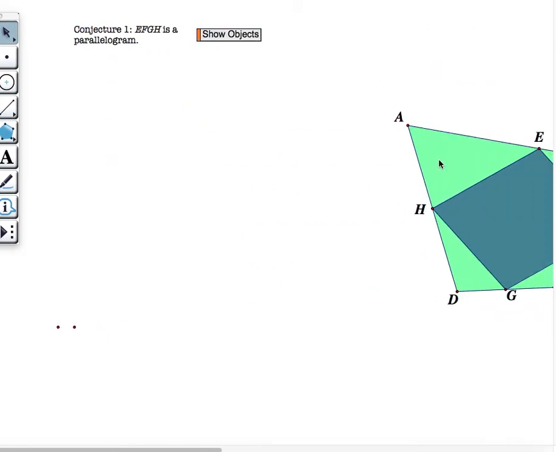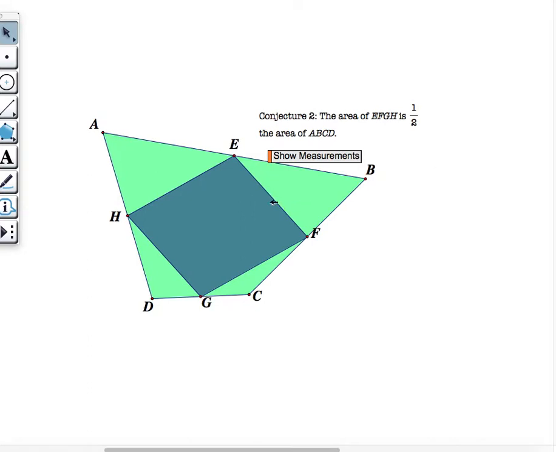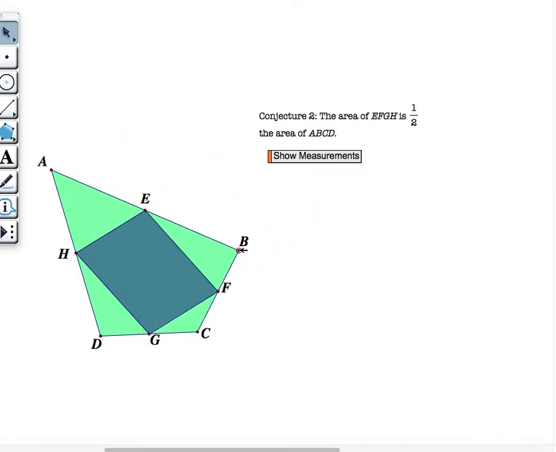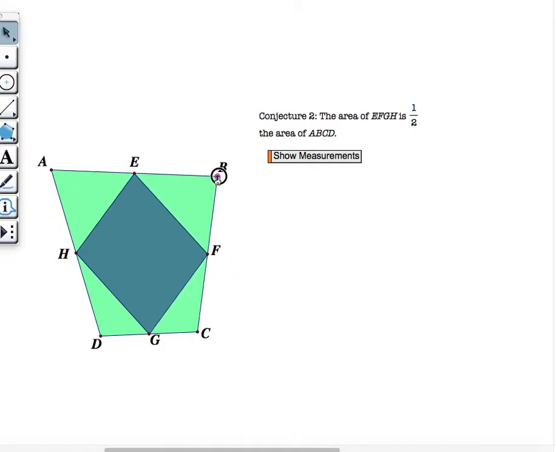The second conjecture that I had was that the area of the midpoint quad, EFGH, is 1/2 the area of the larger quad, ABCD. Now this one isn't quite as obvious.